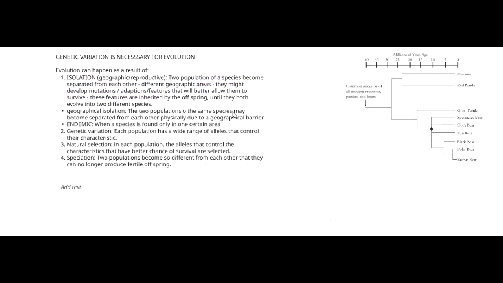It starts from isolation. After isolation, we will have genetic variation, due to the fact that each characteristic is controlled by different alleles, a wide range of alleles.